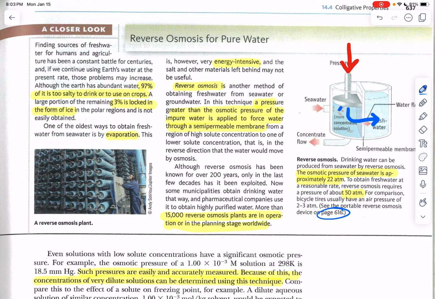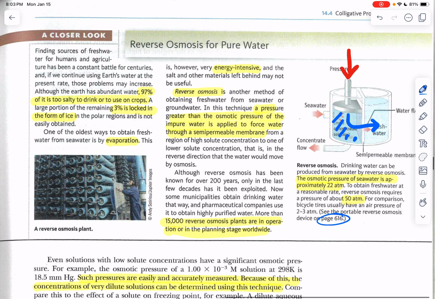And so the solution in here is going to become more and more concentrated as the solvent, the water, leaves, but the amount of solute stays the same. And so your numerator in moles per liter gets bigger and bigger. The concentration gets greater and greater.